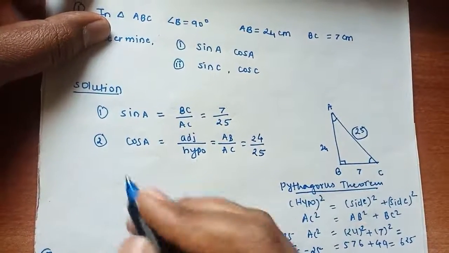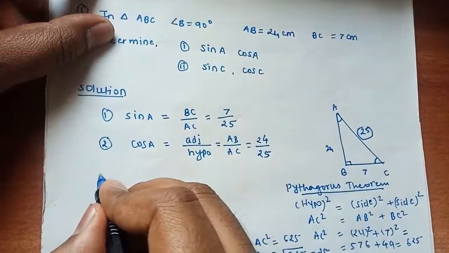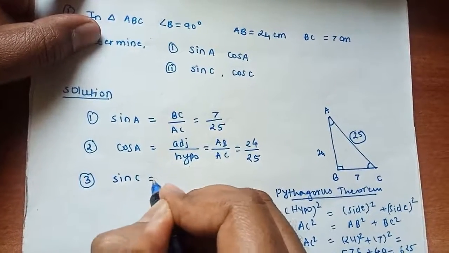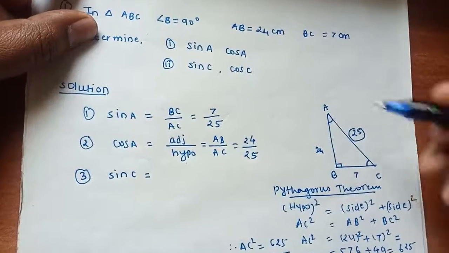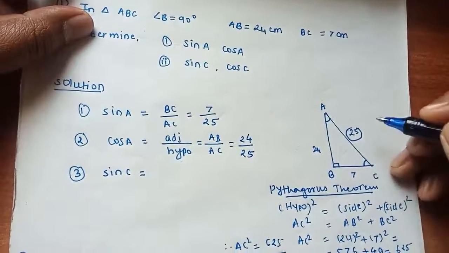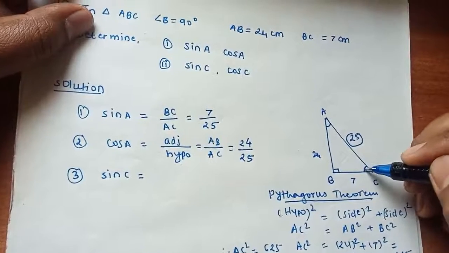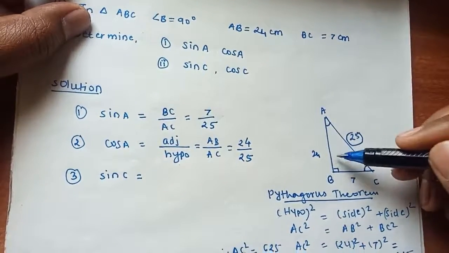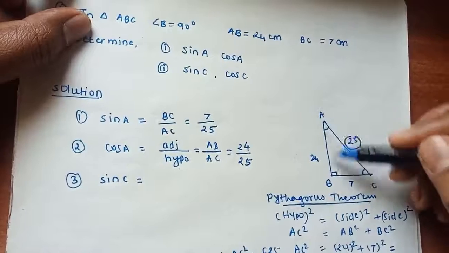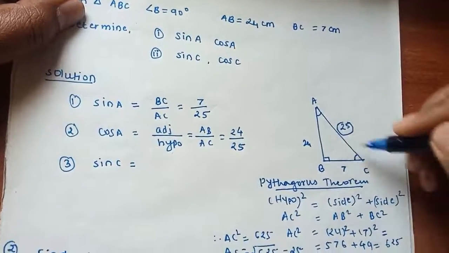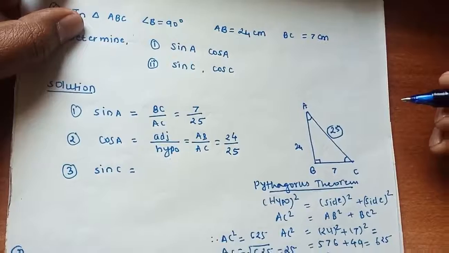Next, the third we want is sine C. For sine C, now A is over, so I am going to take the angle C here. Remember, for angle C, the opposite side is AB. Opposite side means exactly opposite to C. So now AB is the opposite side and BC is the adjacent side, and the hypotenuse AC will remain the same.